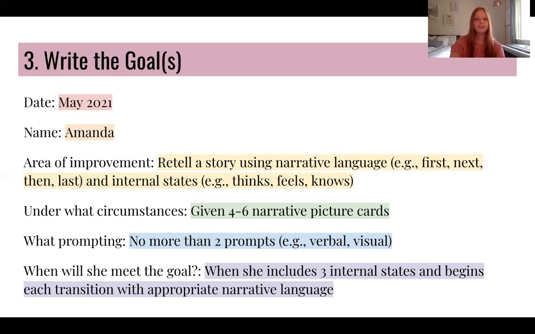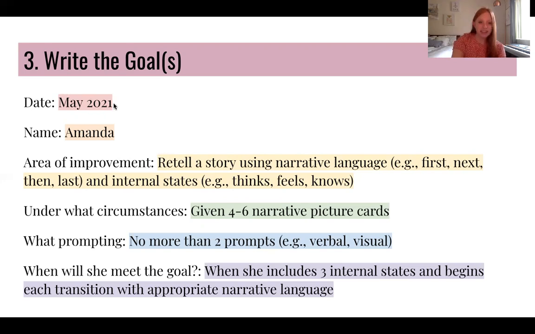And obviously, you're not going to ask the child, what is their internal state? Because they're going to be very confused. And so you could ask, like, what are you thinking? And the child then would be like, oh, she thinks this. And so that's why I wrote it as thinks, feels, knows.